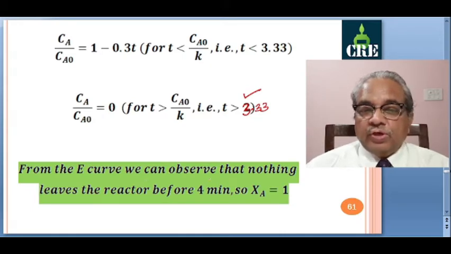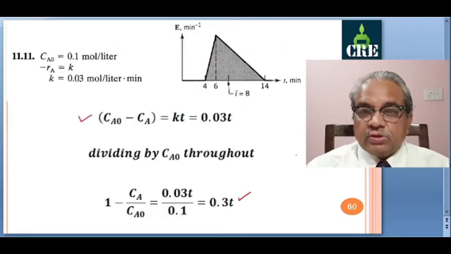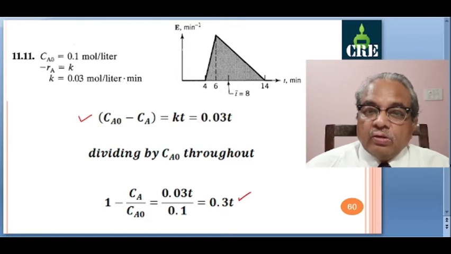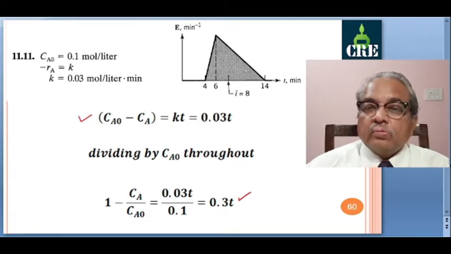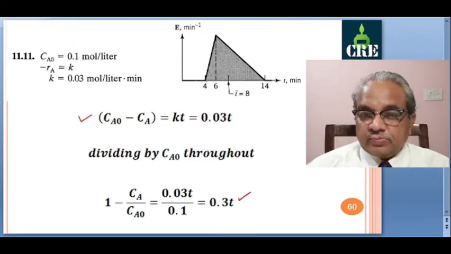From the curve, we can observe that nothing leaves the reactor before 4 minutes. So Xa is equal to 1. It is completely converted. So you can see here, up to 4 minutes nothing is leaving the reactor. That is given by our tracer studies.